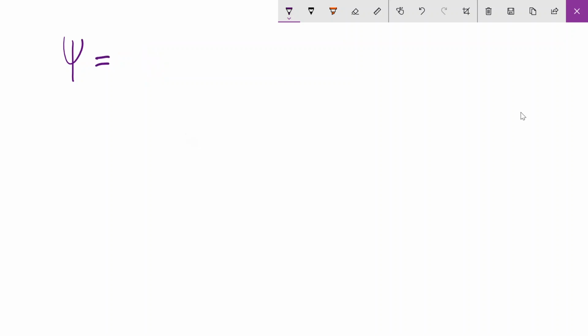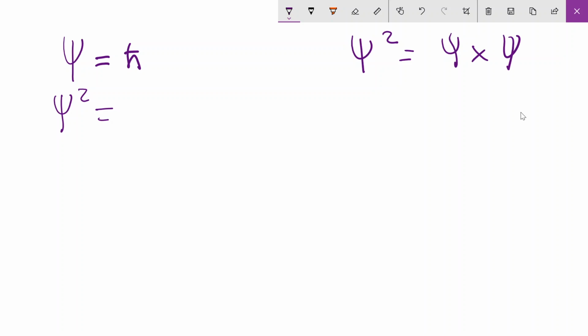Let's write this neater. Alright, psi equals h bar, and therefore psi squared equals what? Well, we know that anything squared means it's times by itself, so it is that times that. Easy. So I'm just gonna write this in another color so you guys can see.